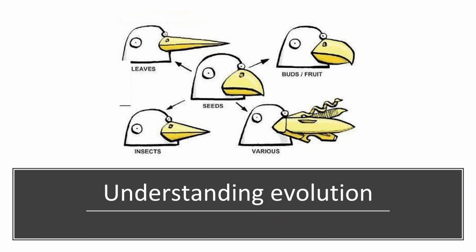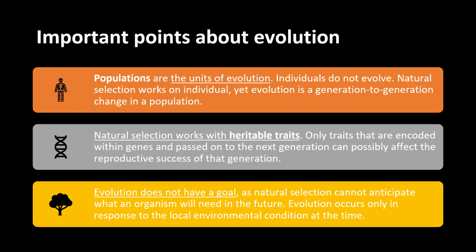Okay, so let's dive in to understand evolution a bit more by looking at the evidence that supports it. Here's some important points to keep in mind about evolution. And first, it's that population is the smallest unit of evolution. Individuals do not evolve, they just present different characteristics for natural selection to work on.